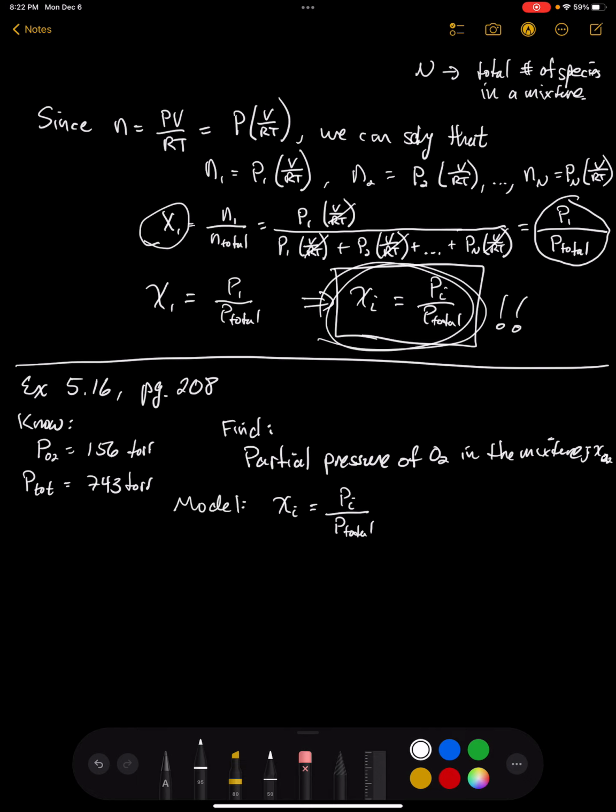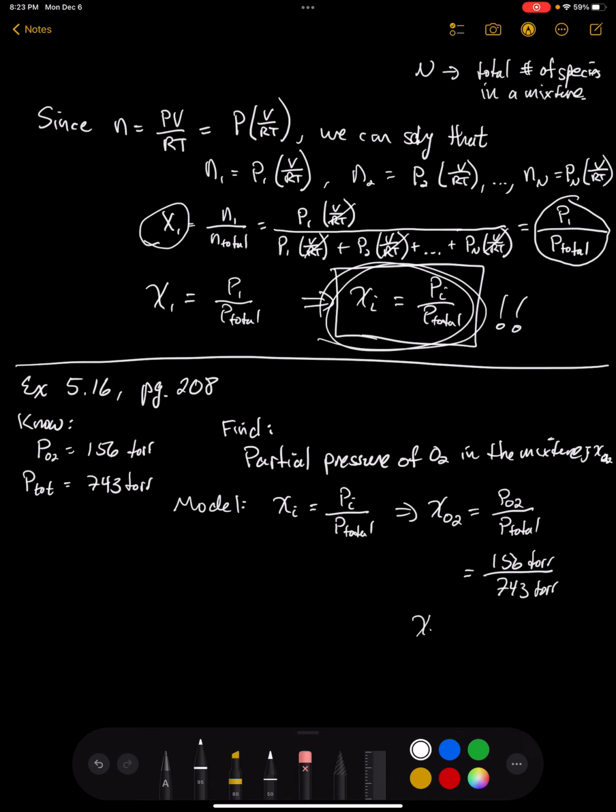Pretty straightforward. So we can then say that the mole fraction of oxygen, XO2, is equal to the partial pressure of oxygen divided by the total pressure. And we know these two parameters. So the partial pressure of oxygen is 156 torr, and the total pressure is 743 torr.